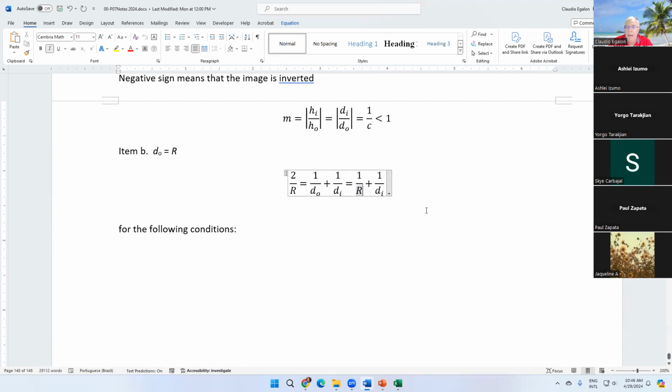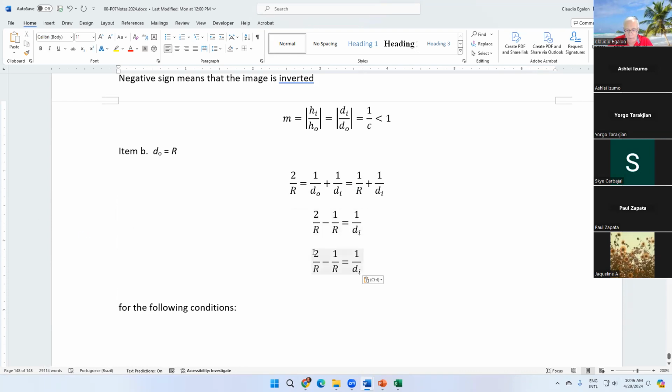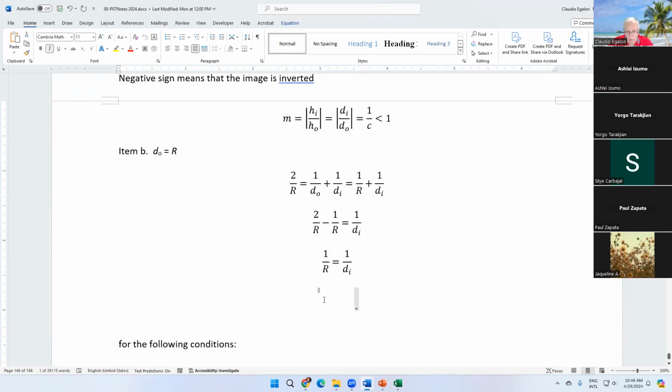What's going to be DI? We pass 1 over R to the other side. We have an equality here. 1 time minus the other is going to be 1 over R. And just like you saw in the simulation, the distance of the image is going to be exactly R. The image is going to be located at the point of curvature.